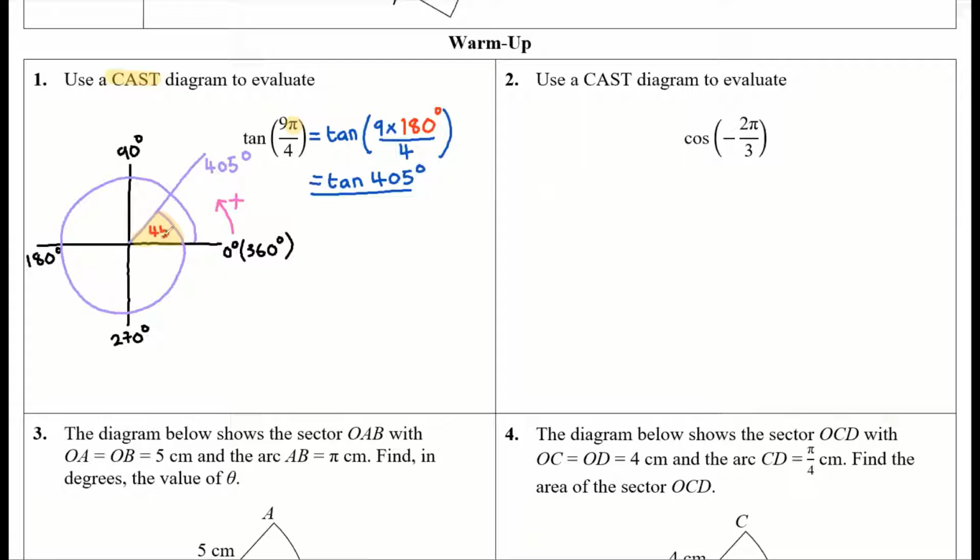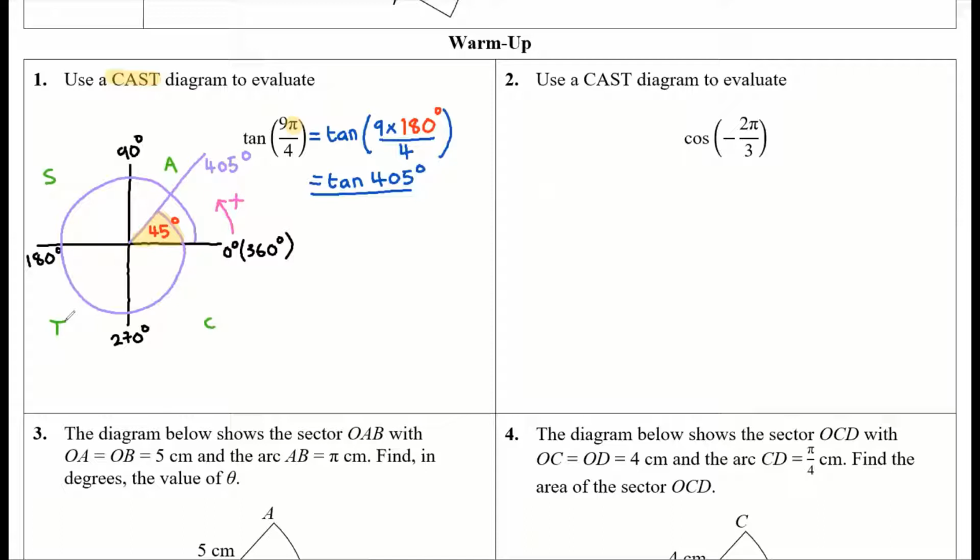That's 45 degrees. Okay. Now, what we haven't done yet, we haven't labeled our cast diagram. So remember, cosine is positive there. All angles or all trig ratios are positive there. Only sine and then only tan.